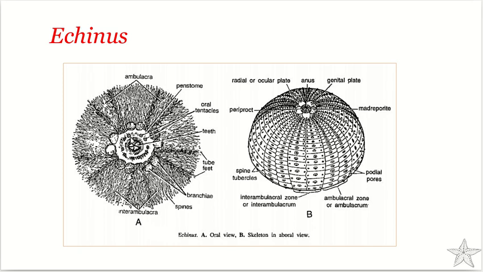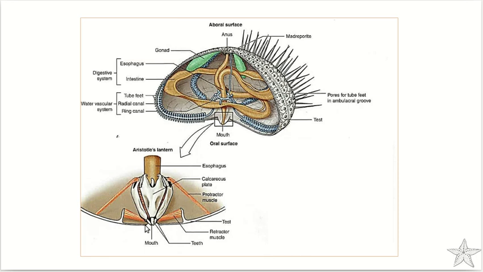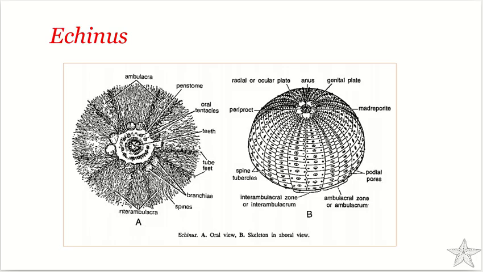Bordering the peristome are 10 branched dermal branchiae, known as the peristomial gills. Here you can see the peristome region, and surrounding it the peristomial gills. The mouth is armed with the chewing apparatus, the Aristotle's lantern, which we have already explained.